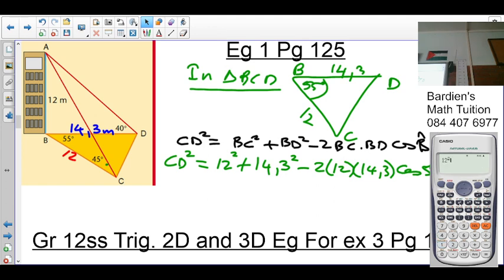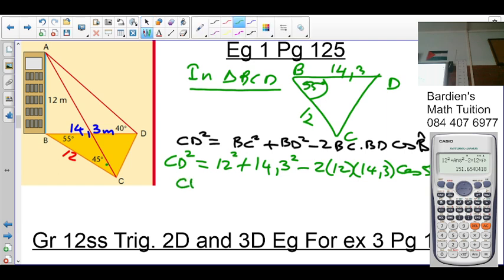12 squared plus. Now 14.3 was my last calculation, not so? So what do I press? Answer. Answer squared minus 2 times 12 times answer cos 55. That gives me 151.65.